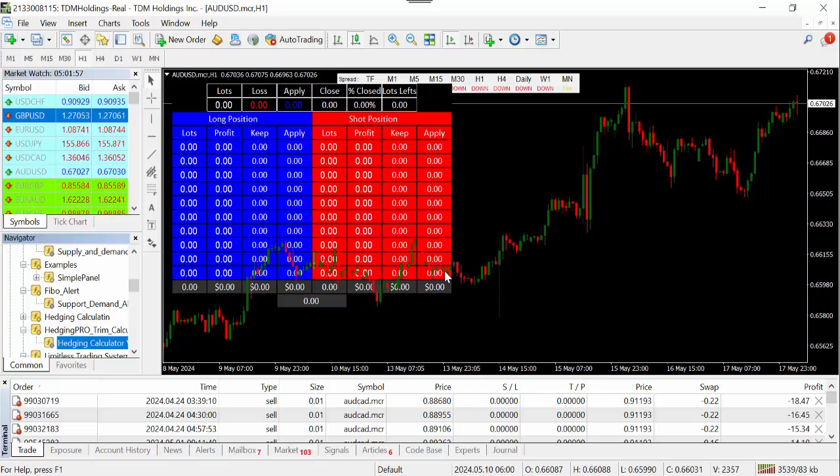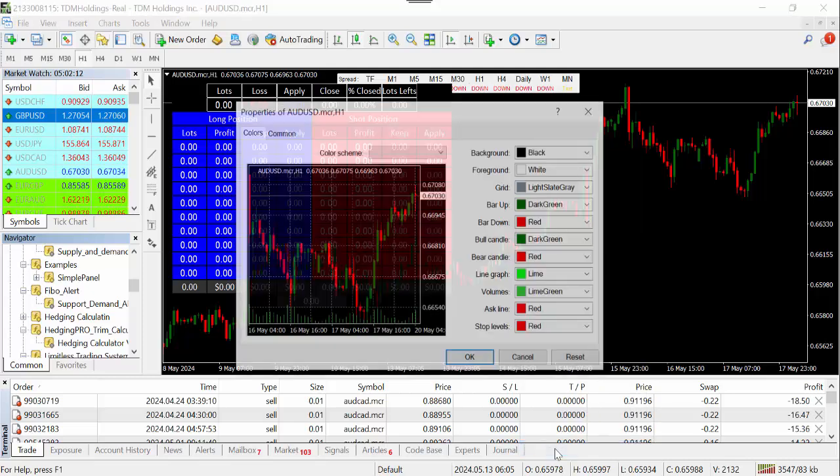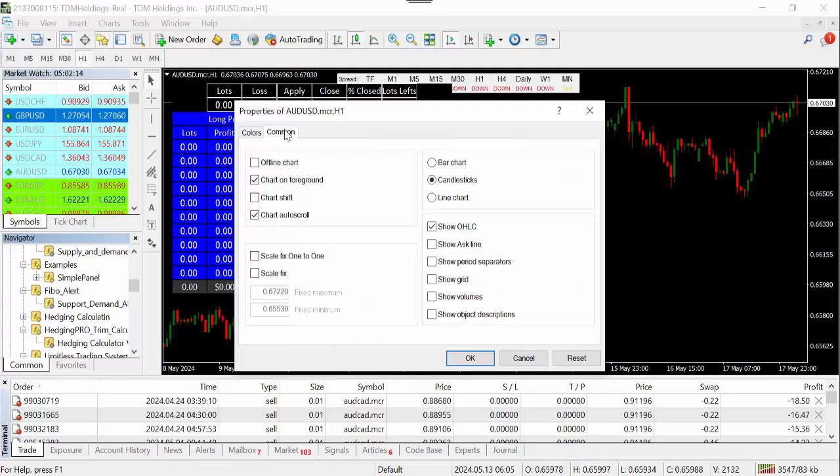Now we need to do a few settings. We don't want our candles to pass through the interface of the calculator. So we need to come back again to properties and go to common. Chart on foreground: we don't want it on the foreground.